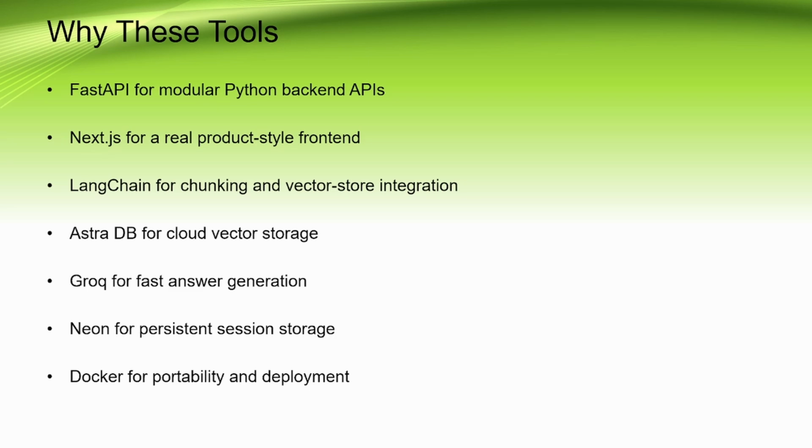Astra DB provided cloud-hosted vector storage, which is better for a deployable project than a local-only index like FAISS. Then Groq was used for LLM inference. Neon was used for persistent session memory, and finally, Docker made the application portable and deployment ready.